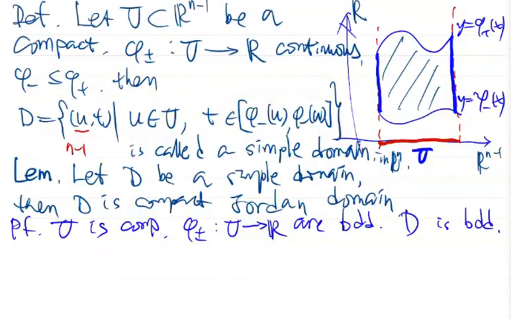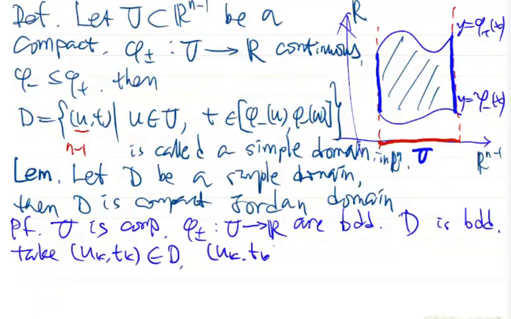To prove that D is closed, take a sequence (u_k, t_k) in D, and (u_k, t_k) converges to a point (u, t).